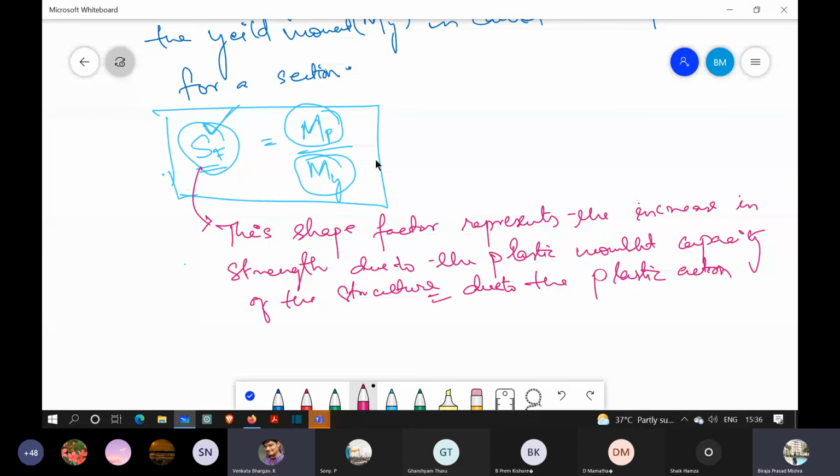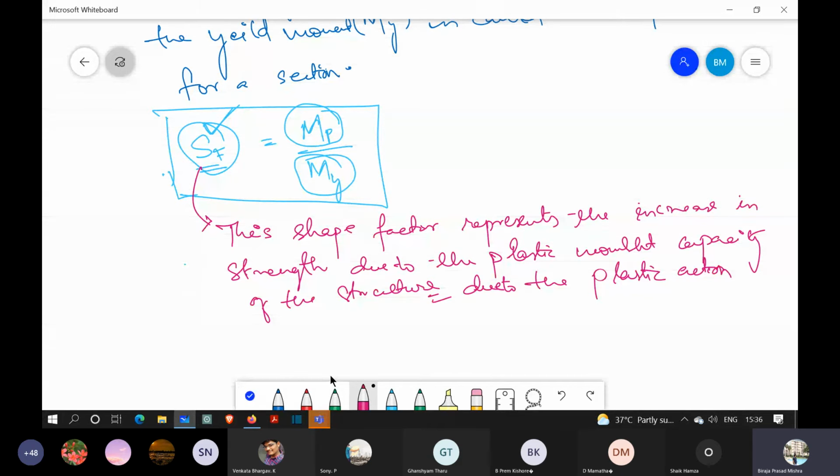Okay. So now let us find the shape factor for the rectangular section. Now just tell me, we'll take a small, just one mark question.